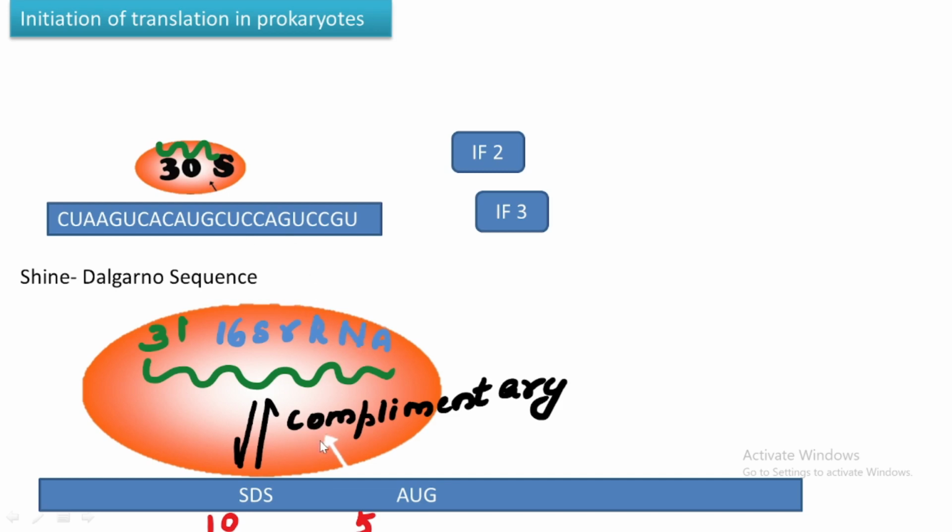Because of that complementarity, the small subunit can recognize correctly and can proceed from the beginning of a reading frame. First the ribosome recognizes this Shine-Dalgarno sequence, and after recognizing that, it can correctly locate over that start codon, and from that point onwards, it begins translation.